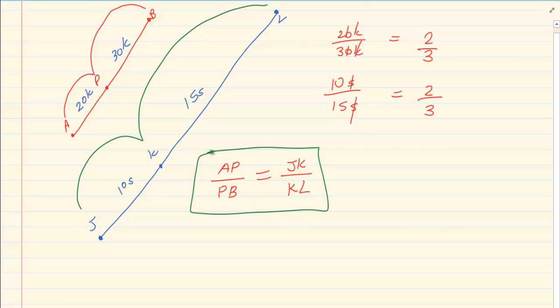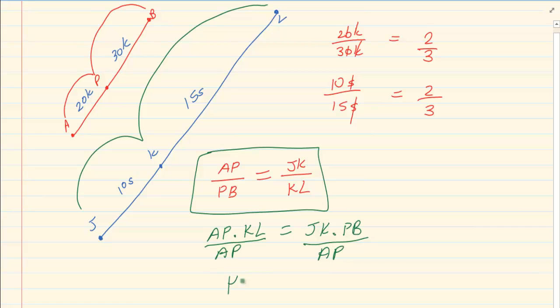Now, if we are working with ratios, you know from your grade 9 work that you could do a cross multiplication. So I could have AP times KL is equal to JK times PB. And you can change it any way you like. Now I can decide, okay, I'm going to divide by AP. So now what would I have?